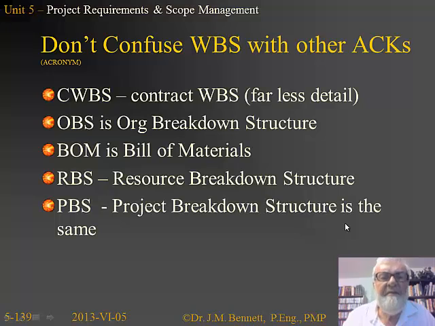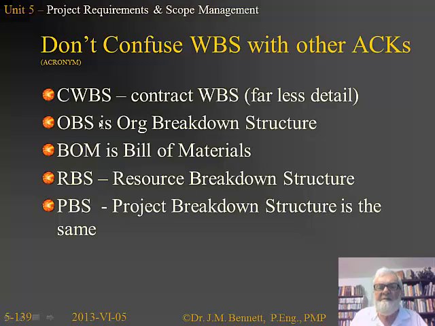Now, there are a lot of acronyms that we're throwing around here. Don't confuse WBS with other acronyms. The contract WBS, when we talk about contracting, we'll talk about this, is basically a work breakdown structure with far less detail. In other words, we would not go very far into the decomposition tree.